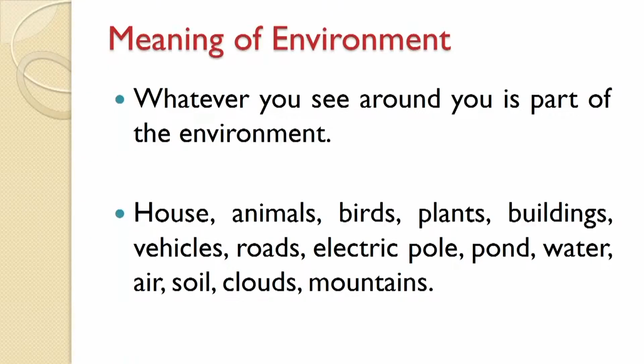Whatever we see around us is part of the environment, a part of a larger or bigger environment. In our environment there may be a number of houses, various types of animals, birds, as well as plants, buildings, vehicles, roads, as well as a pond, ocean, water, air, cloud, soil, and all other things.